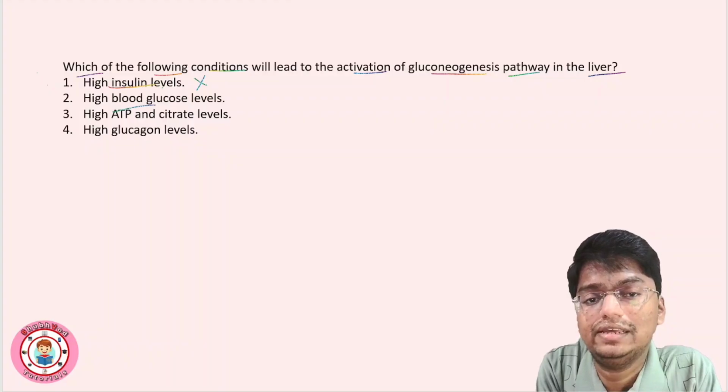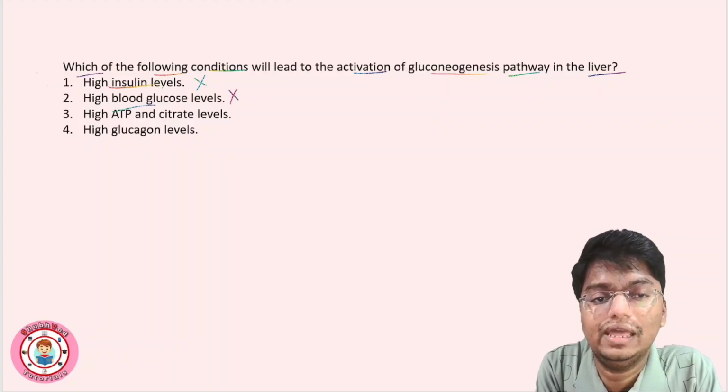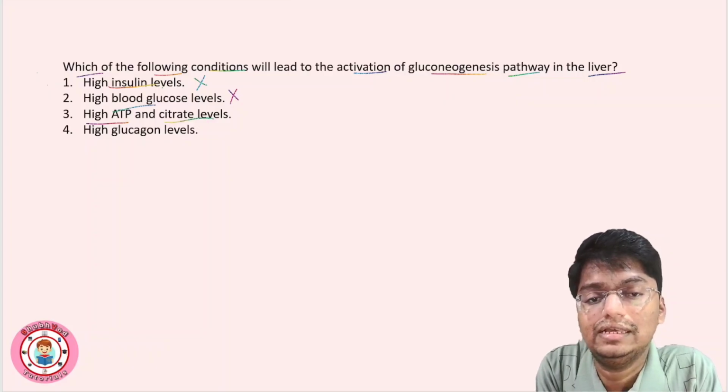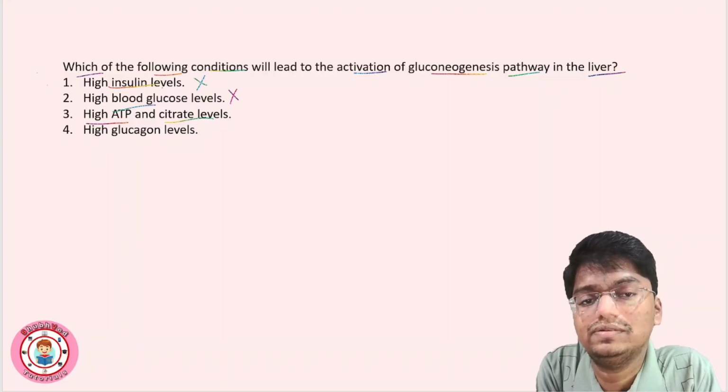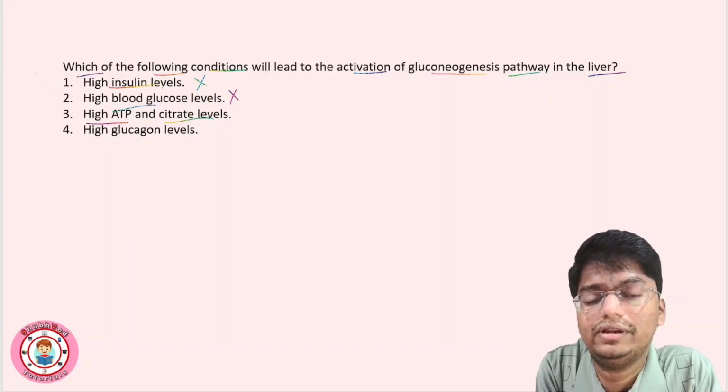Then why we need to synthesis glucose? No. High ATP and citrate levels. This is inhibitors of glycolysis. Okay, glycolysis को inhibit करेगा, मतलब glucose breakdown नहीं होगा, but this will not synthesize glucose. Okay, no.